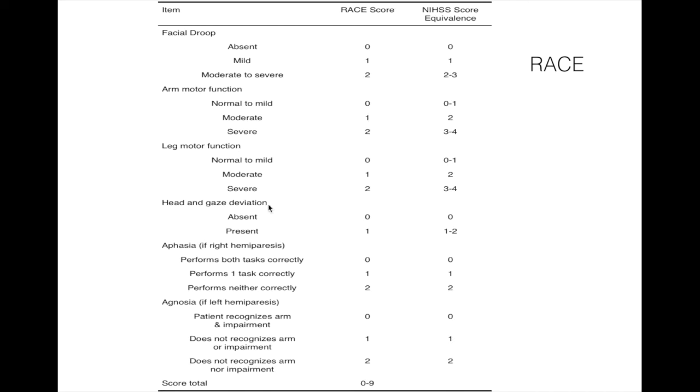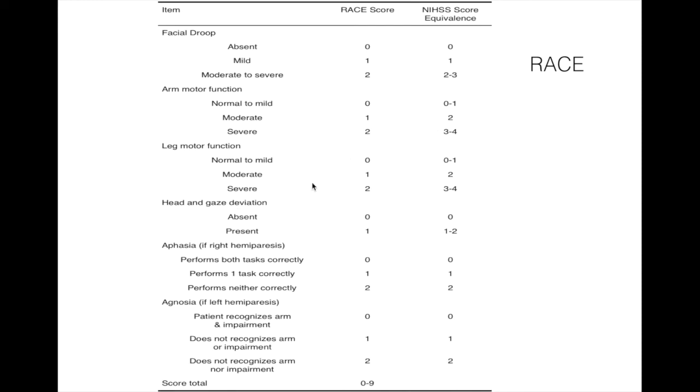You test leg, then you score 0, 1, or 2. You look at their head and their gaze deviation. You test aphasia: you ask them to do both tests correctly, or perform one test, 1 or 2. And then you have to tell whether the right side is weak or the left side is weak. You see how this scoring system, someone can probably say 1, someone can say 2, in all of these. And so the inter-observer reliability of this has to be questioned.